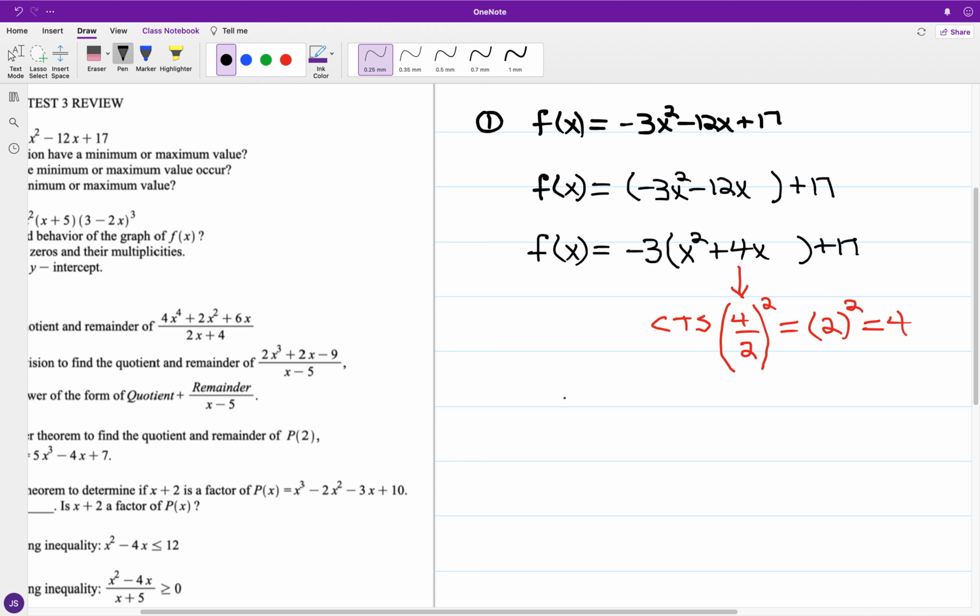So for the process, f of x is equal to negative 3 times the quantity of x squared plus 4x plus 4.